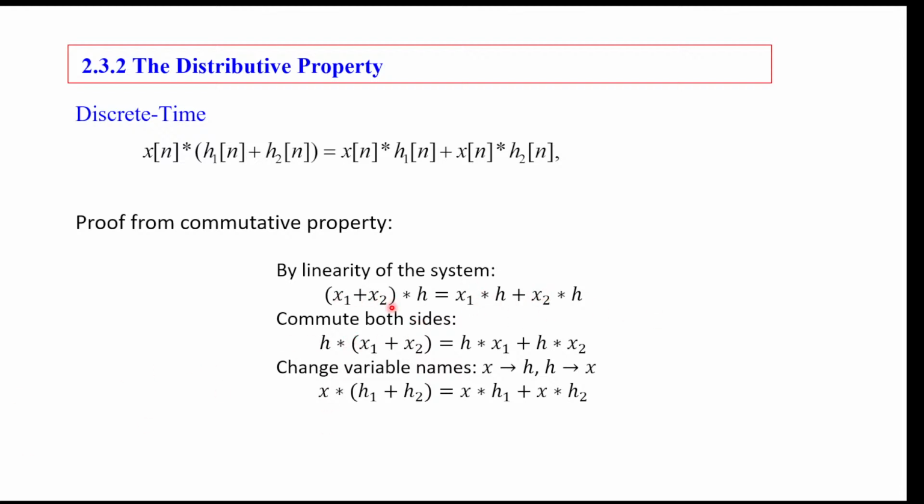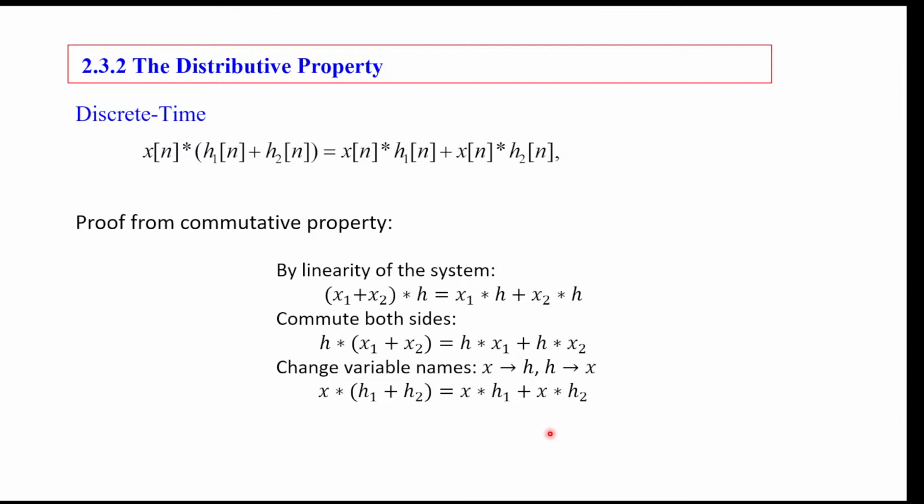So this is equal to h convolved with x1 plus x2, which is equal to h convolved with x1 plus h convolved with x2, and then you just change the name of x to h and h to x, and you get x convolved with h1 plus h2 equal to x convolved with h1 plus x convolved with h2.